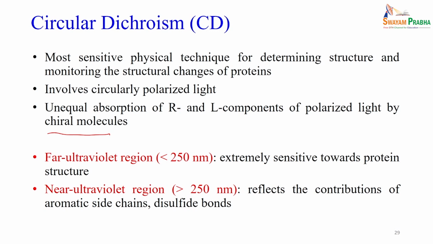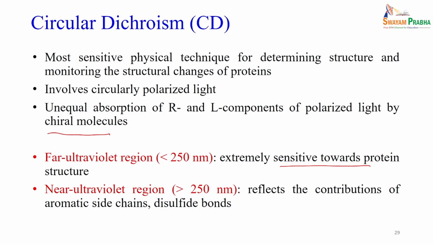Here we use UV light, far UV and near UV. Far UV, less than 250 nanometer, is sensitive to protein structure. So, typically for protein secondary structure we work in the far UV region.